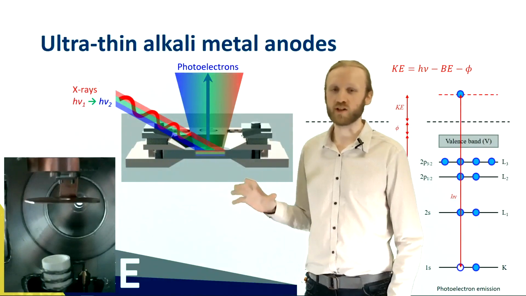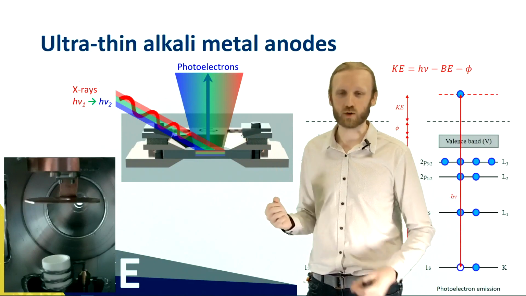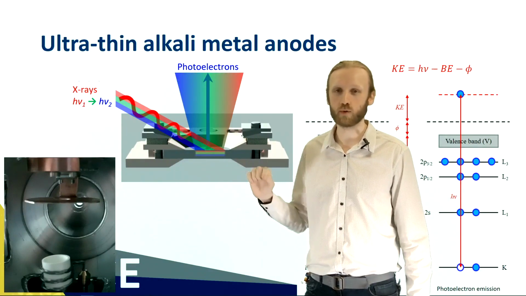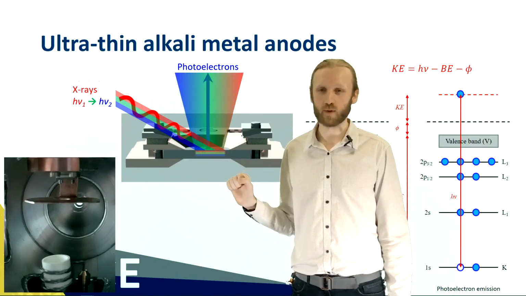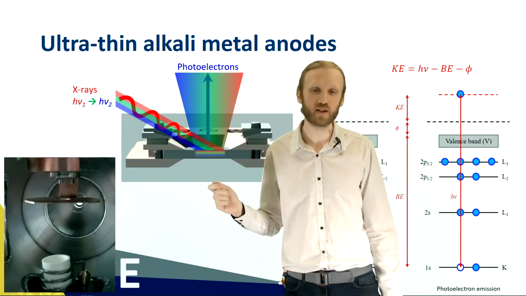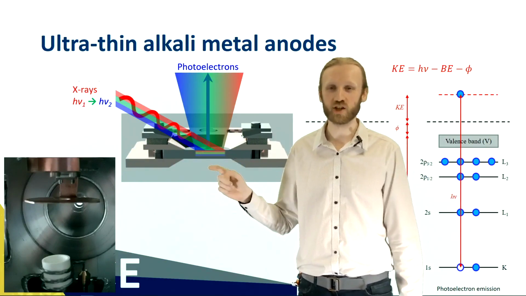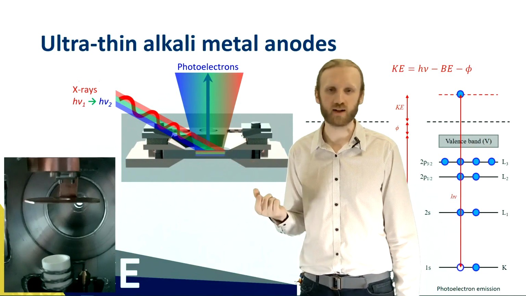In the case of trying to understand the interface between the anode and the electrolyte, we need to start considering the possibility of looking through an alkali metal anode. Now, you can do this with depth profiling by utilizing X-rays of different energies. In the case of the red X-ray, which has a slightly lower energy, we promote photoelectrons that have a slightly slower kinetic energy.